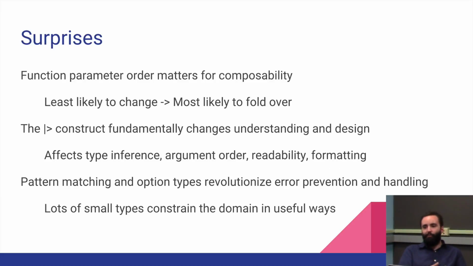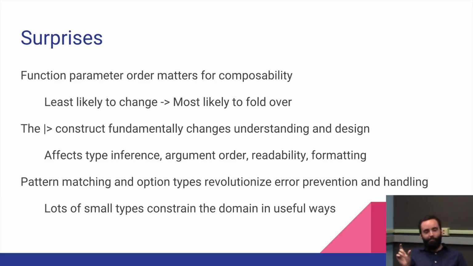Surprises. These are things specific to F#. Going deep on this one: function parameter order matters. That never would have crossed my mind. But once you have currying by default, the order of your parameters is the order in which they're curried.